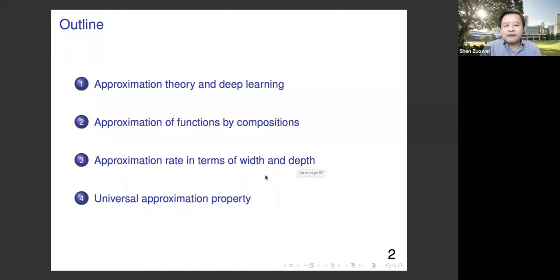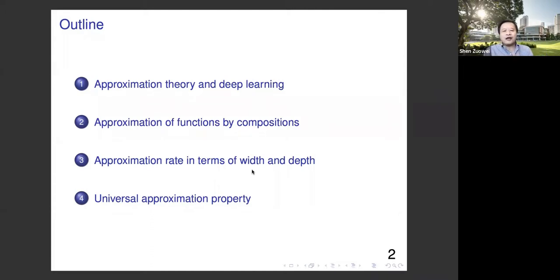Another fundamental question, this third part, is very technical. A neural network is basically about the number of neurons. The width of the neural network times the depth is the number of neurons.